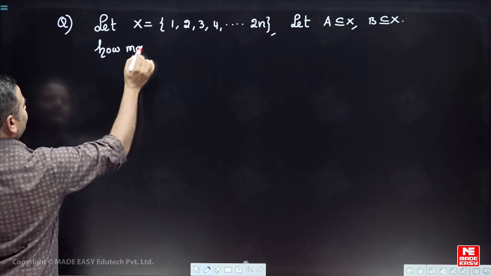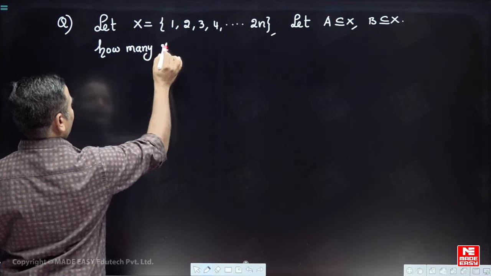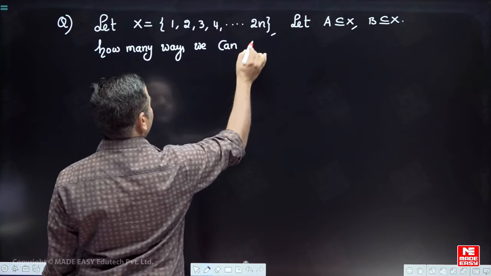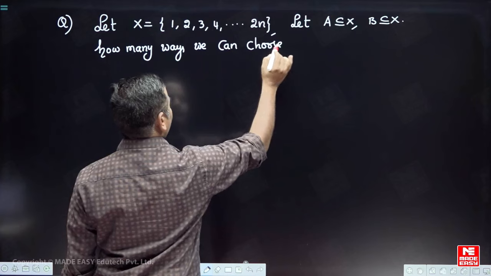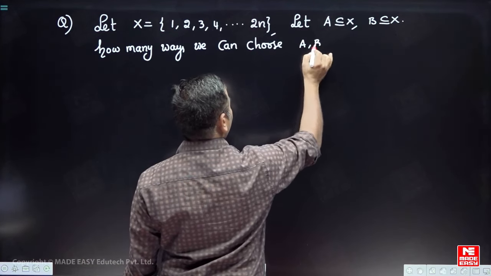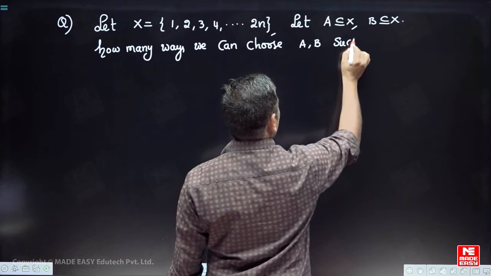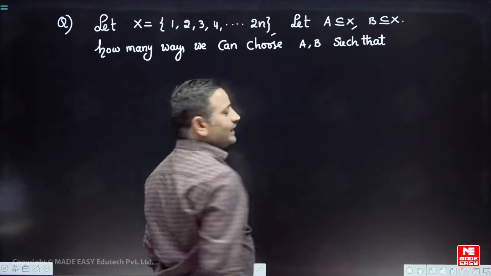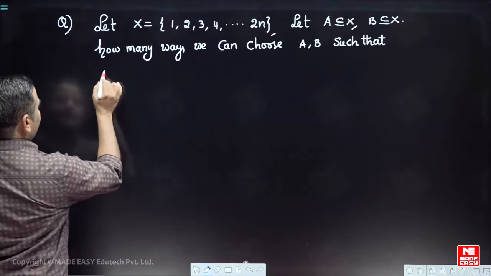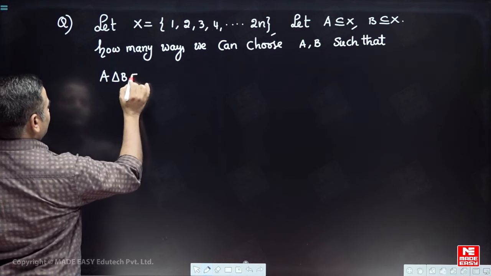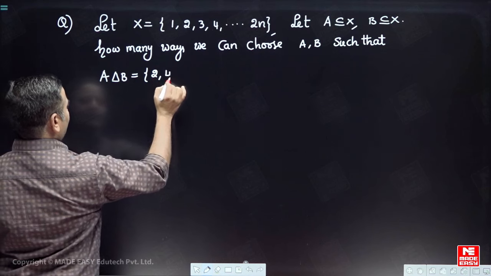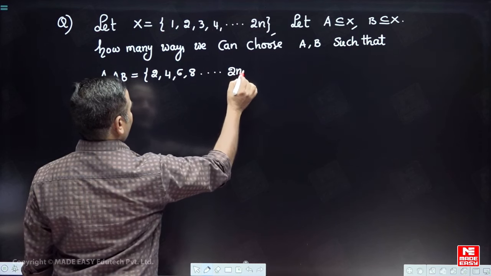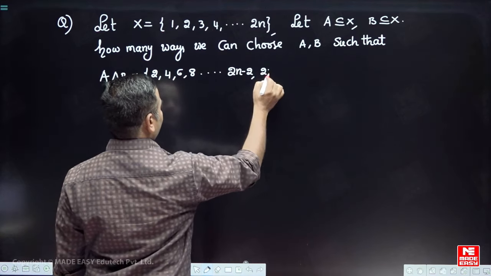How many ways can we choose A, B such that A delta B equals {2, 4, 6, 8, and so on, 2n minus 2, 2n}?